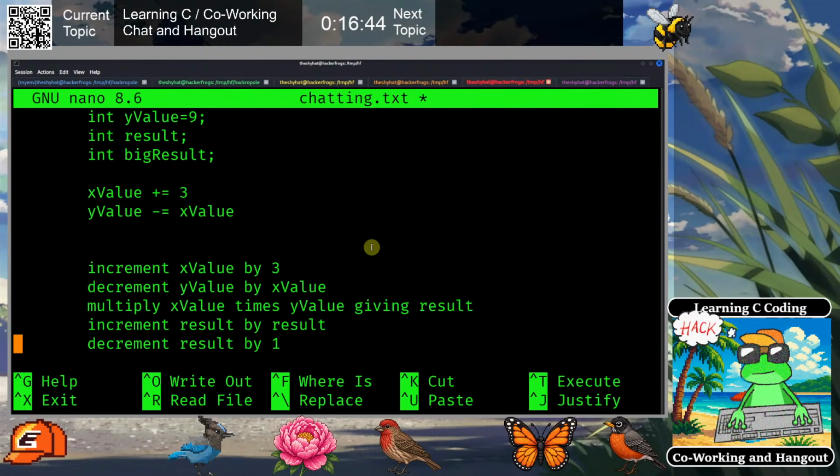Okay, the next thing they want us to do is multiply x value times y value giving result. So result equals x value times y value. And the next instruction is increment result by result.